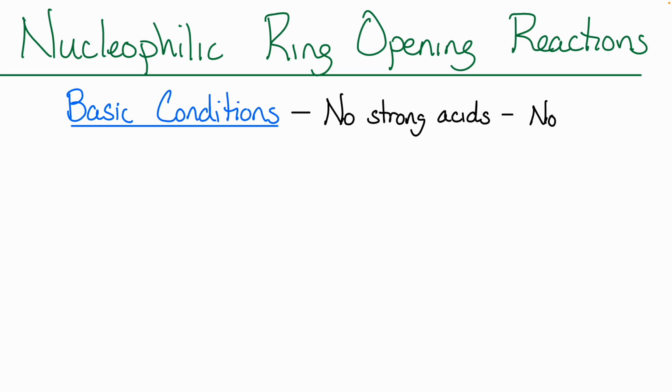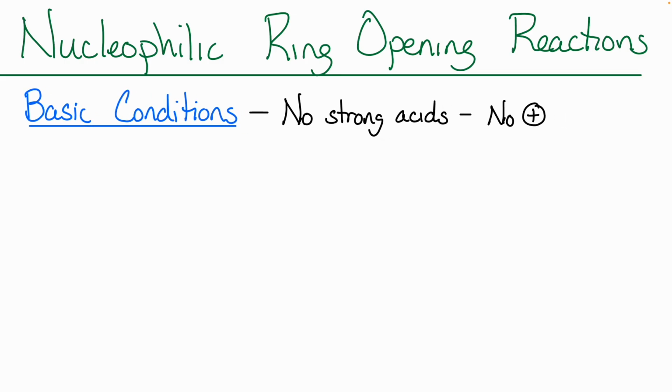Right? Which means that we should not see any positively charged intermediates. Which is cool because if we're trying to use our nucleophiles here, do our good nucleophiles have positive charges in the first place?